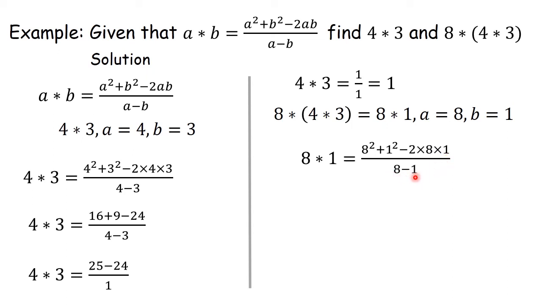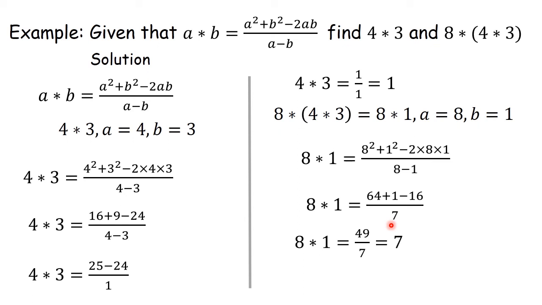by 8 minus 1. So 8 squared is 64, 1 squared is 1, and 2 times 8 is 16, times 1 is 16. So we shall have 64 plus 1 minus 16, divided by 7. 64 plus 1 gives us 65, and 65 minus 16 gives us 49.